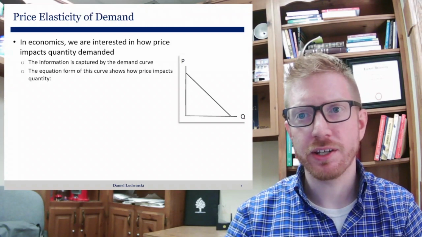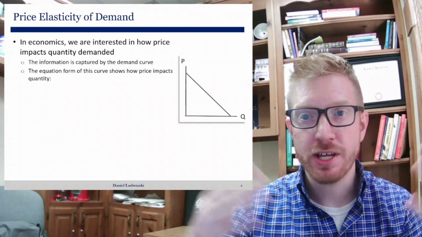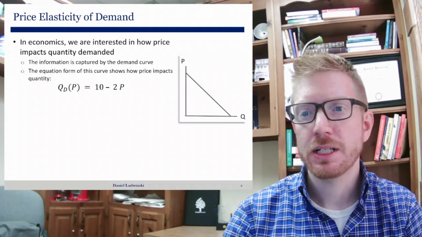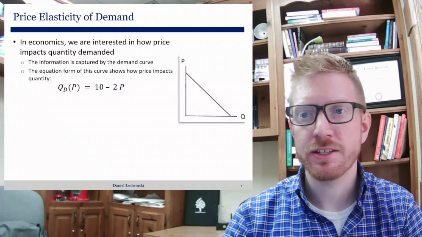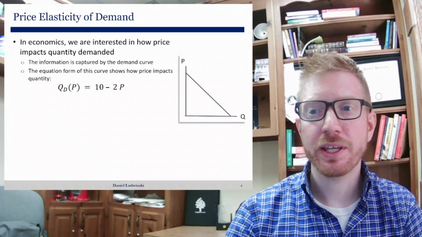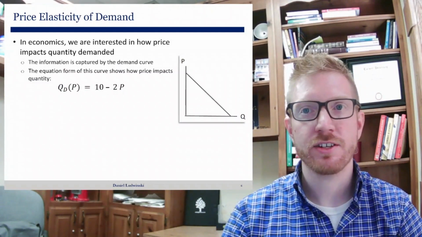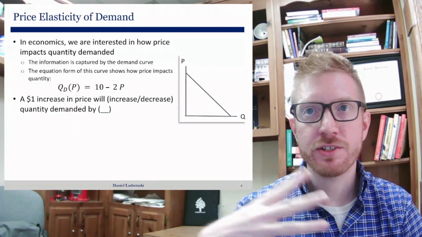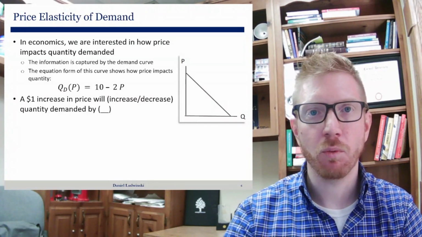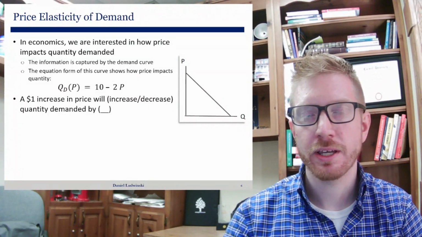And we've also seen this relationship represented in a linear function where quantity demanded is some function of price. And we can already talk about some level of responsiveness without knowing elasticity. For instance, we can talk about what the impact of a $1 increase in price will be.